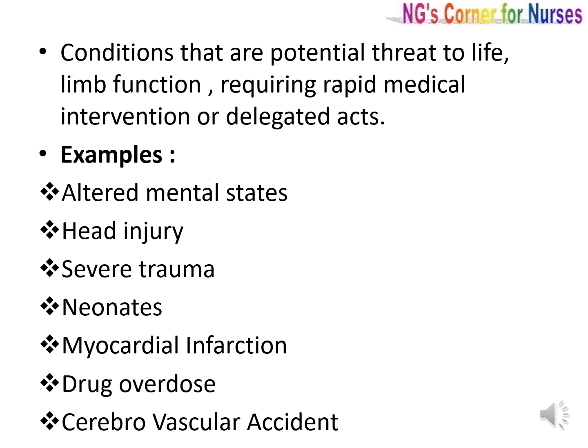Conditions that are potentially a threat to life, limb or function, requiring rapid medical intervention or delegated acts. Examples are altered mental states, head injury, severe trauma, neonates, myocardial infarction, drug overdose, cerebrovascular accident.